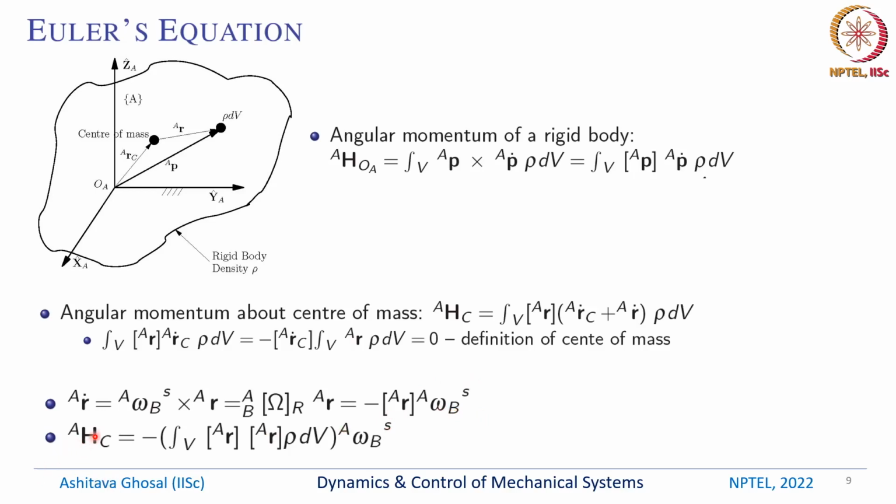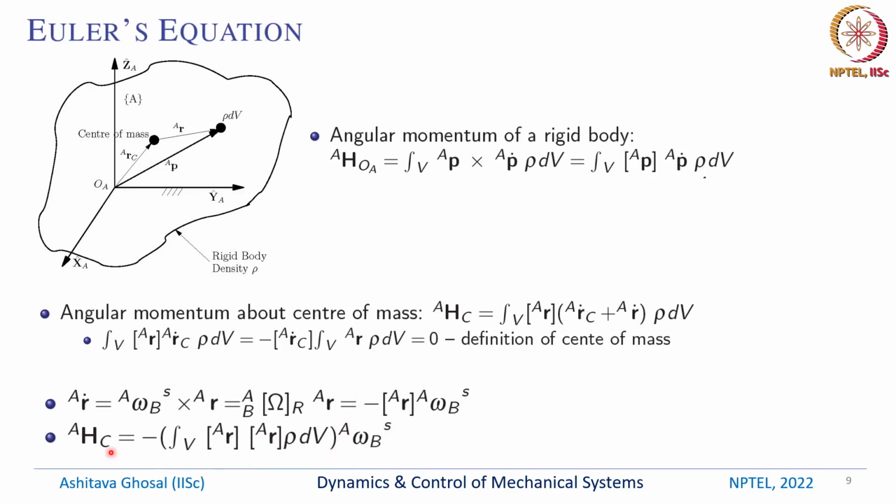Hence, we can write AHC as minus this AR, so we are rewriting AR dot as minus AR into A omega BS.